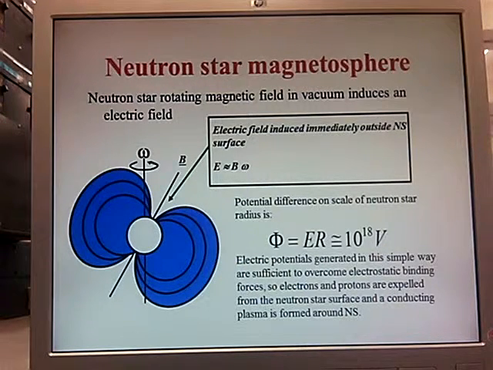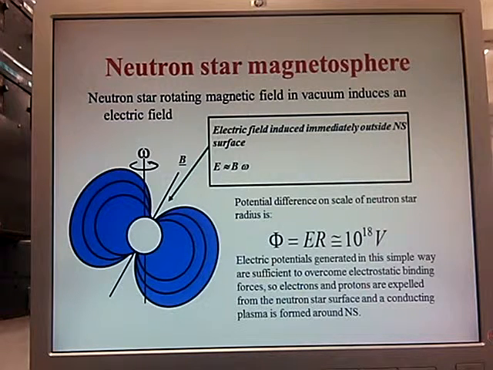So this magnetic field rotating with some angular velocity omega induces an electric field that goes basically as the magnetic field times that angular velocity. This in turn means there's a potential difference across the neutron star, which is on the order of E times R, where E is the electric field we're inducing, basically B omega, and R is the radius of the neutron star.